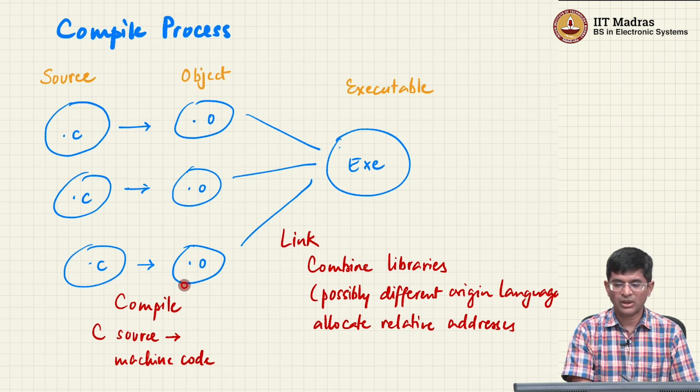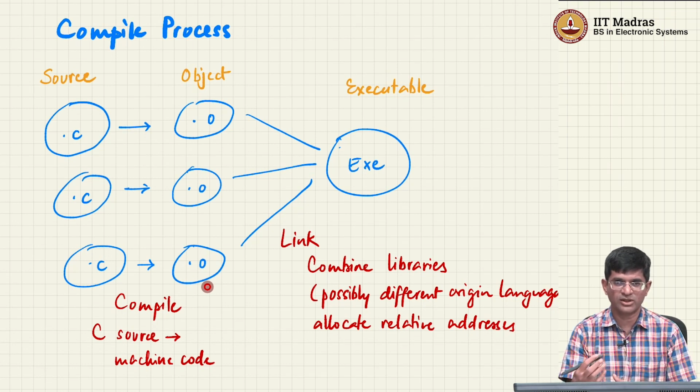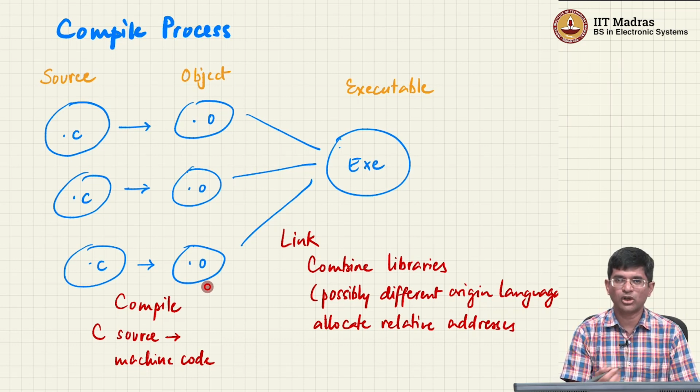okay. Now once I have that, I have a number of different .o files, each one of which contains different functions. Some of them may contain variables that need to be accessed by different functions, basically either globals or externs or static or something like that. And I need to put all of that together and create an executable.